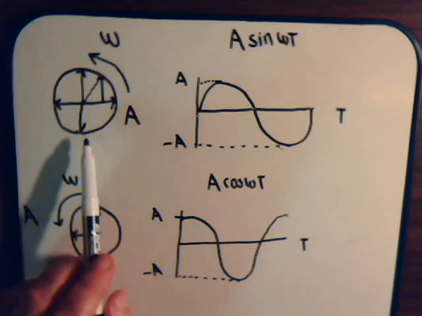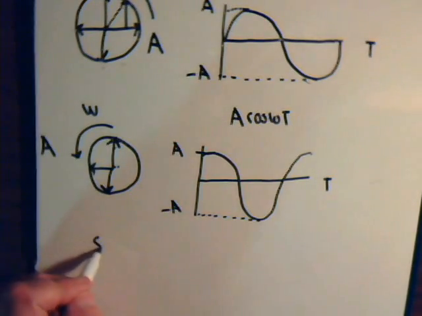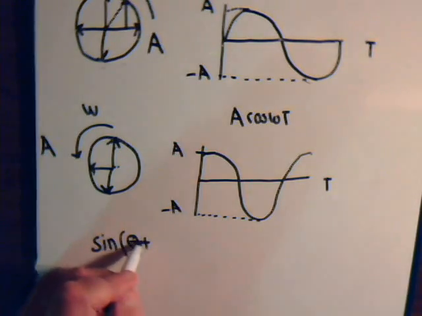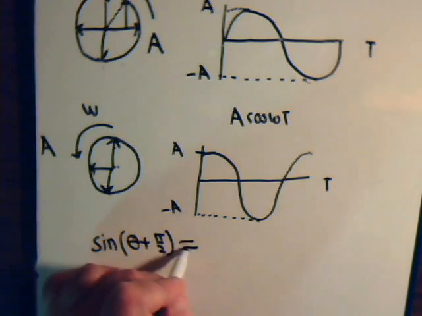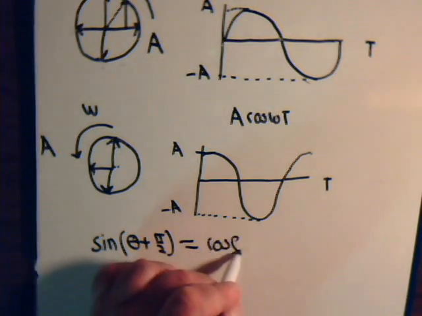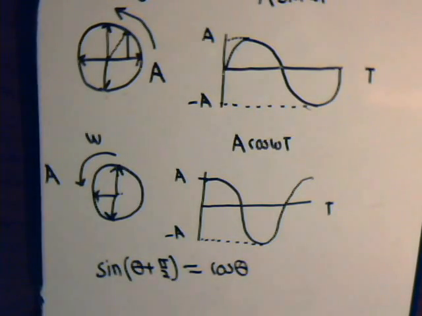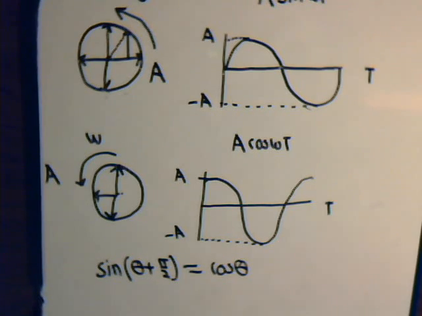And this shouldn't be surprising because we know from trigonometry that the sine of theta plus 90 degrees, or pi over 2 radians, is the cosine of theta, which we just demonstrated with our simple phasor diagram.